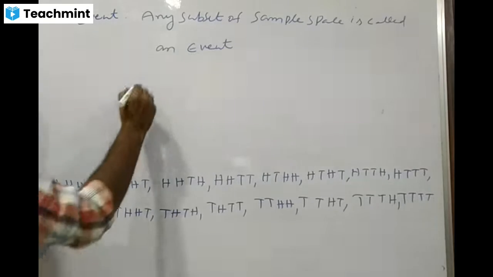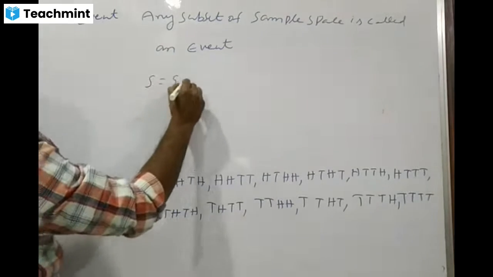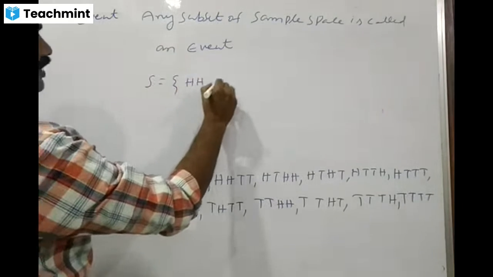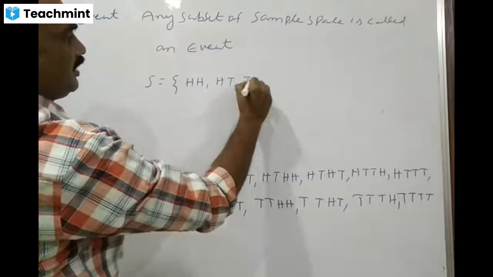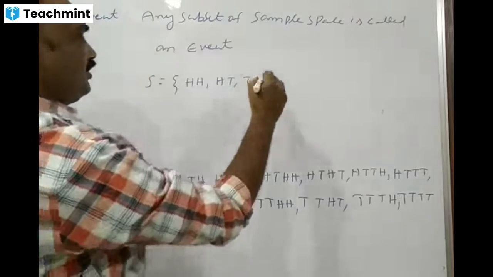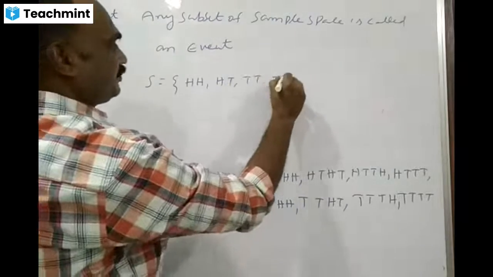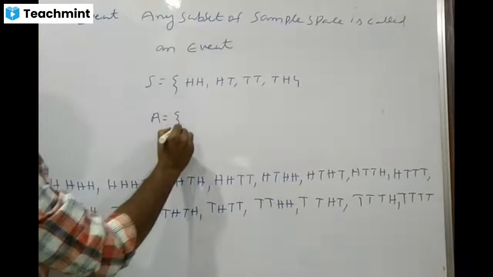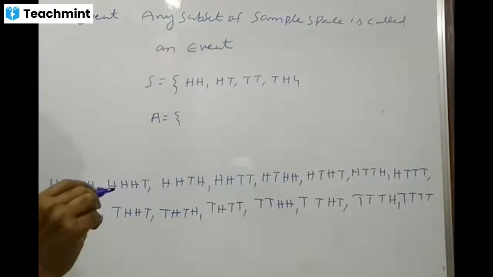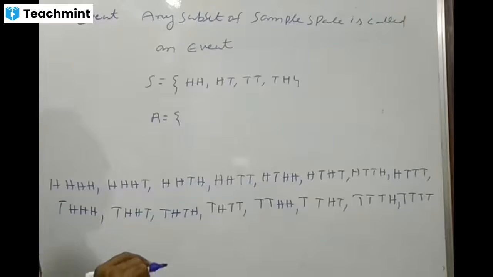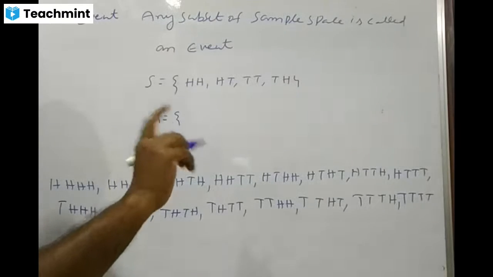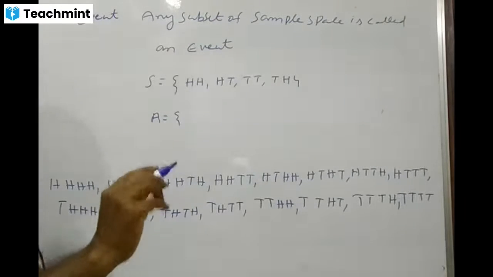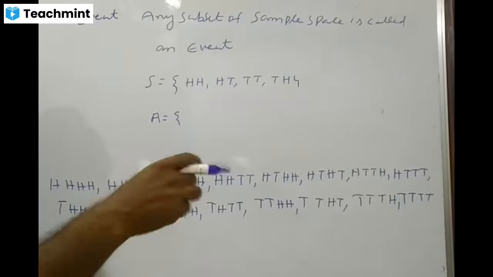Suppose, for example, friends, a coin is tossed twice: HH, HT, TH, TT. Friends, A is the event of getting a head twice.